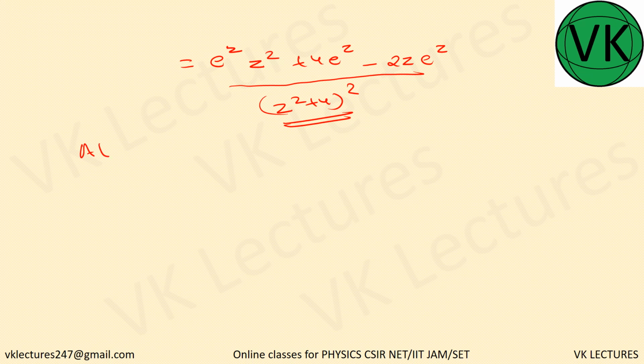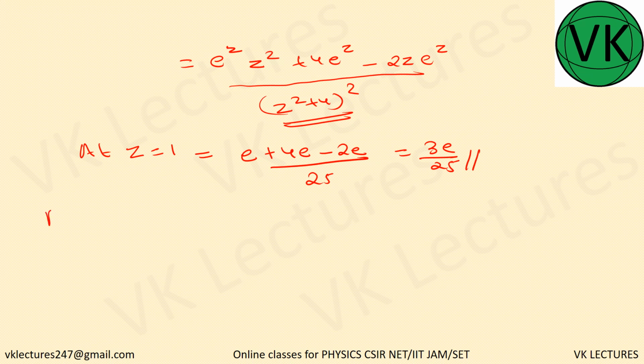At z is equal to 1, e plus 4e minus 2e divided by 25, that is equal to 3e by 25.